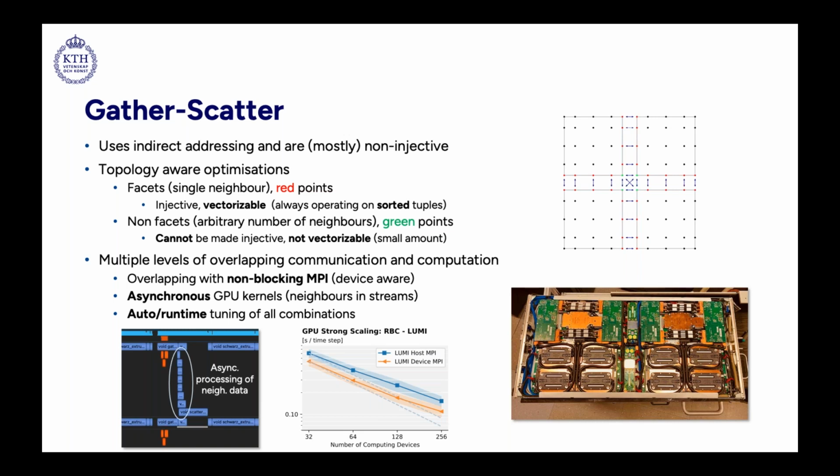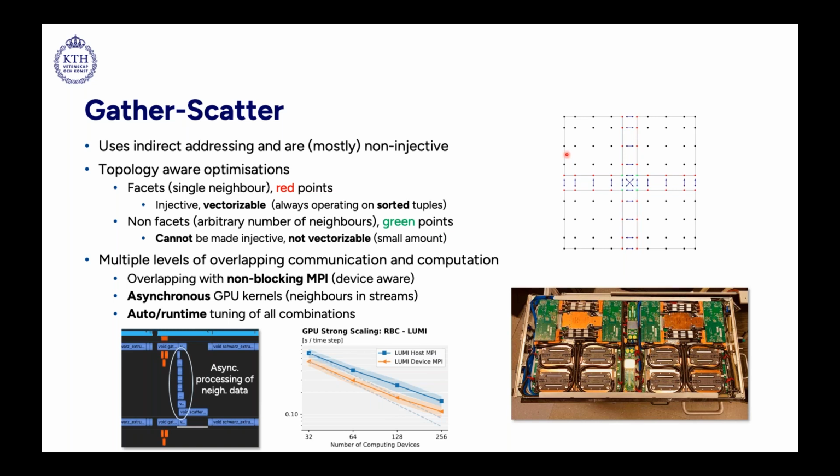So you need to do a lot of lookups in various tables. From a geometric point of view, if we have these elements here, we realize that all these red points, which are on the facets between elements, will only have a single neighbor. So if you then need to do this gather-scatter operation on the red points, they will always be injective and then vectorizable. So they will be able to operate very fast.